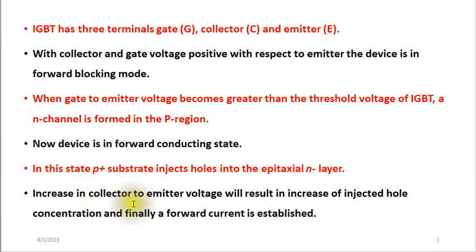Whenever there is an increase in the collector to emitter voltage, that is the VCE, this will result in an increase in the injected number of holes, and finally it will produce a forward current, which will now enable the device to produce the output for controlling the device connected to it.